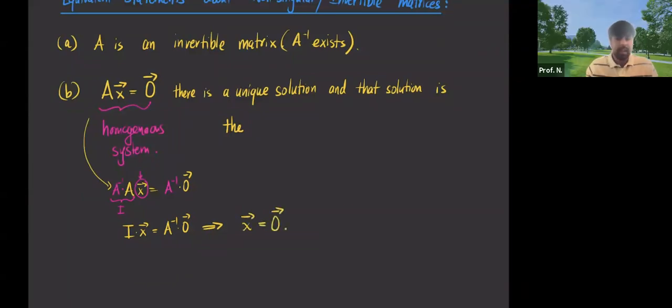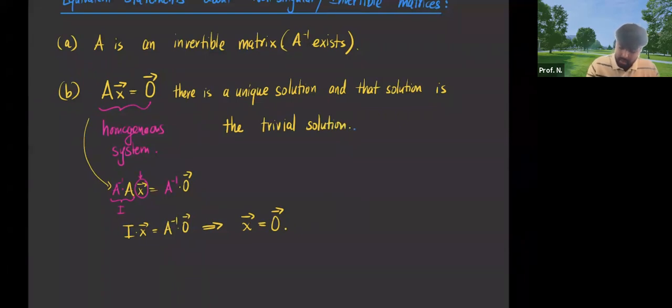Correct. So when you have a homogeneous system and the homogeneous system has a coefficient matrix that is invertible, there is a unique solution, and that unique solution is called the trivial solution. And what is the trivial solution?